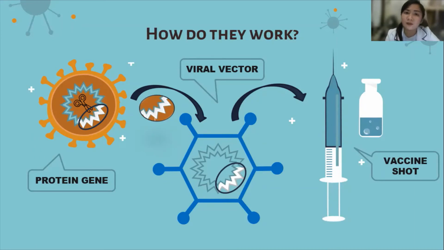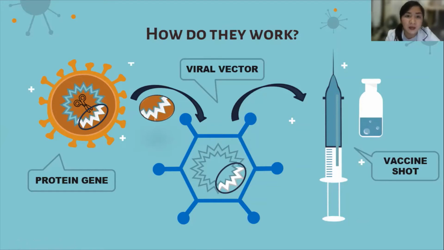So how does this vaccine type work? Let's have SARS-CoV-2 as an example. As I said earlier, the SARS-CoV-2 virus contains a gene which makes its spike protein. Scientists have identified this gene and modified other viruses so that it can be inserted into them, and that is our viral vector.